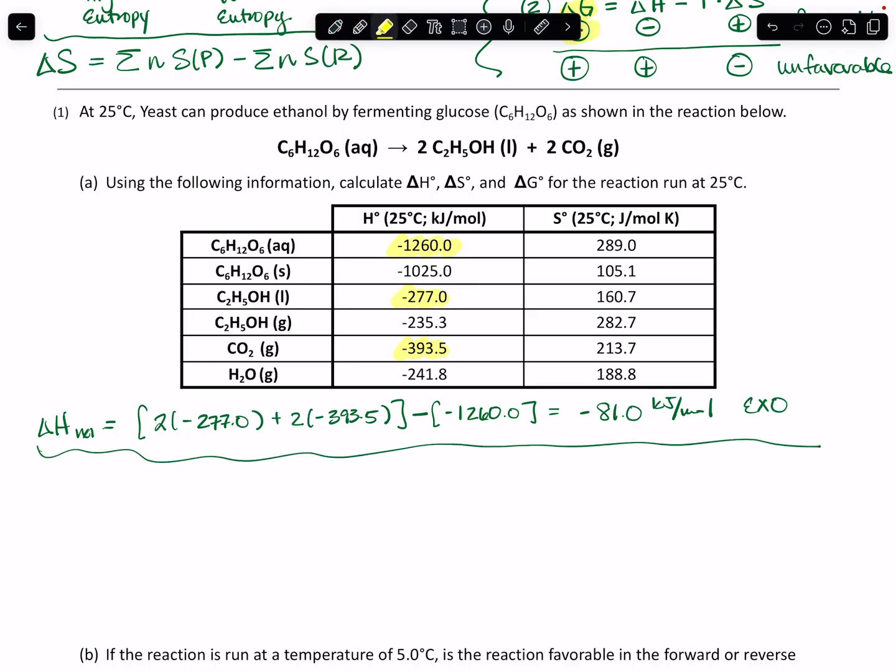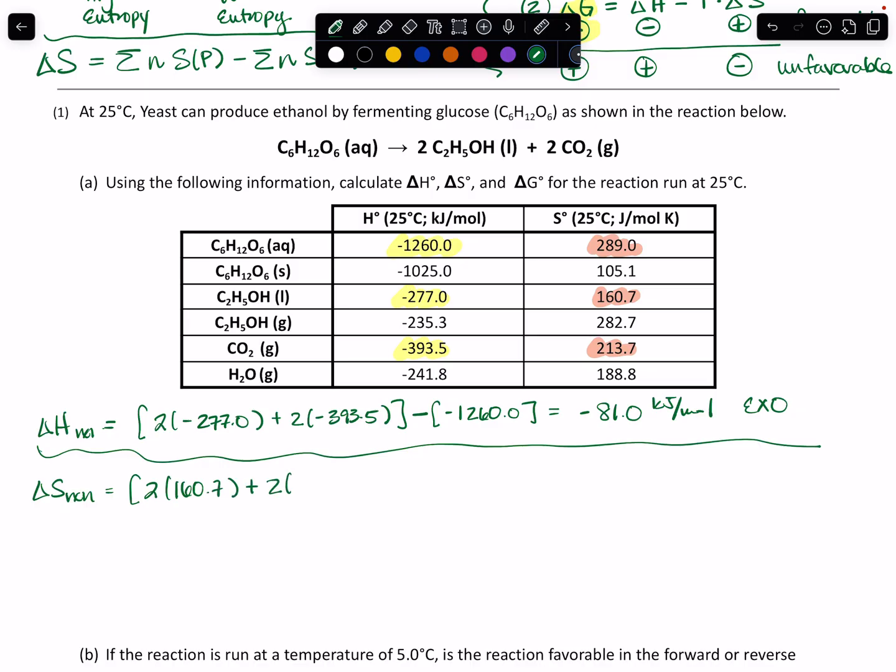All right, now I'm going to repeat, but this time I'm going to look at entropy. I'm still going to be using the same three components, but the entropy value this time. Same idea though. The change in entropy for the reaction is going to be equal to 2 times 160.7 plus 2 times 213.7 minus 289.0.